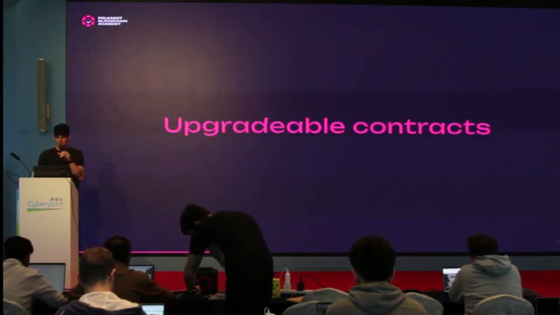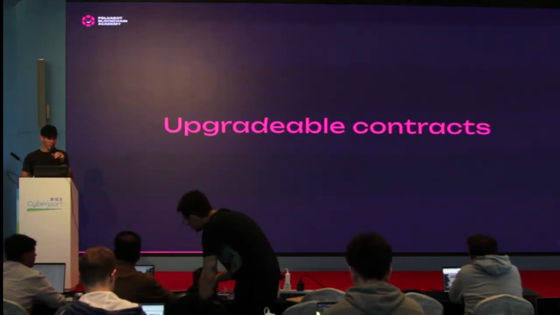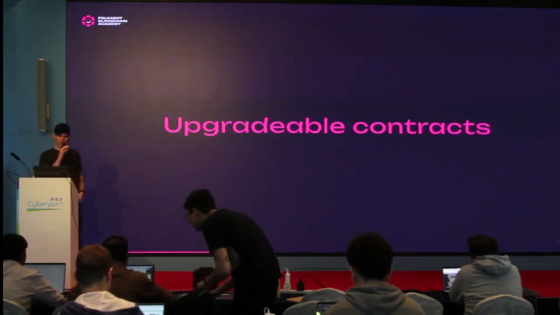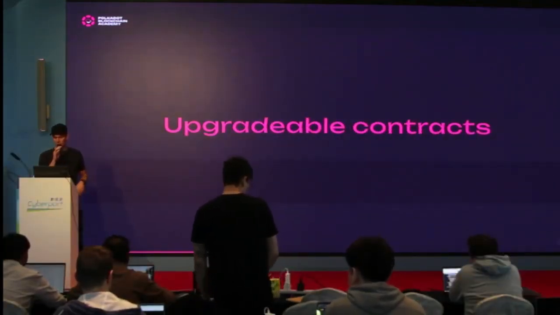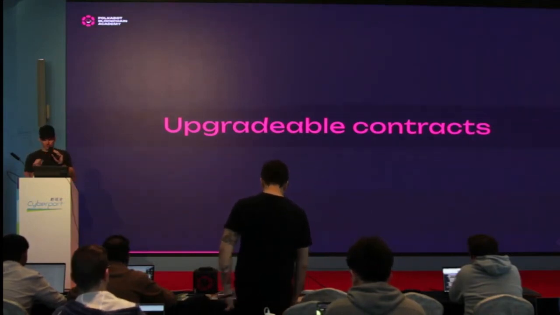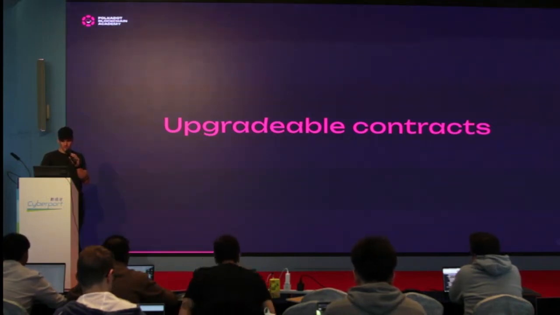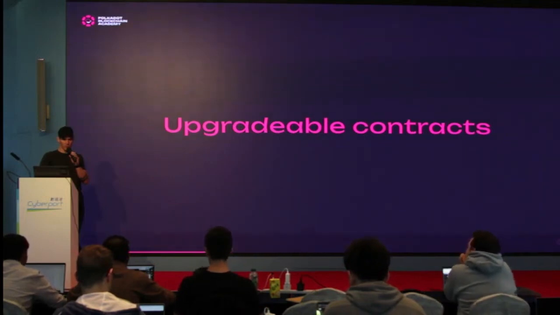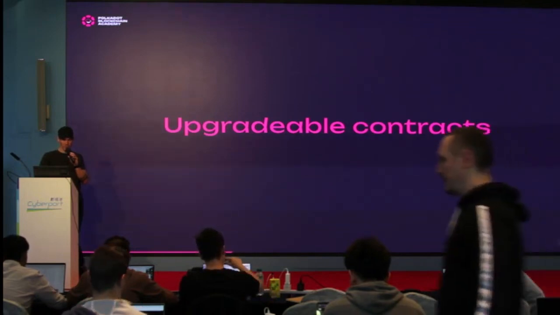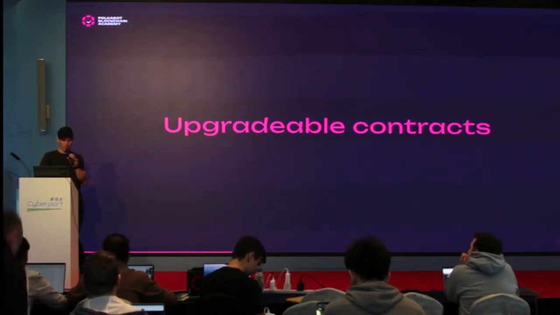I'm actually going to give a small rant in this place. Quite often you hear the term immutable thrown around a lot for blockchains or smart contracts. I think it's a very unfortunate term, because if something's immutable, how can it make progress? How can it move forward? Blockchains have this liveness property, if you remember the consensus lectures from yesterday.